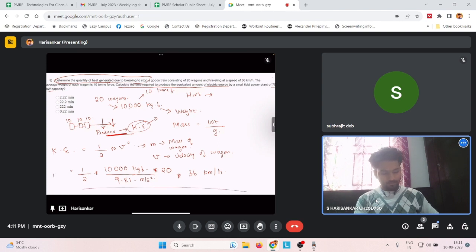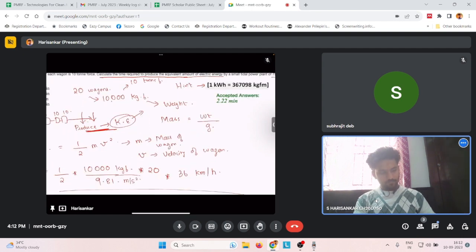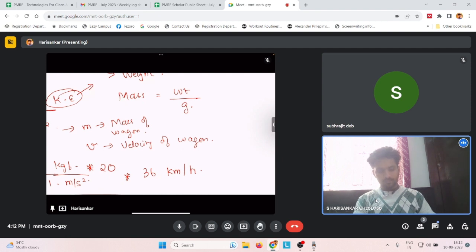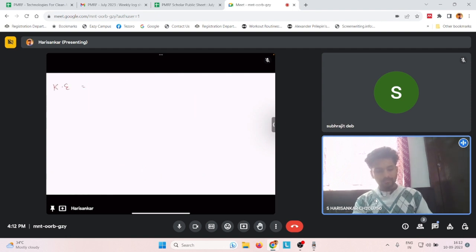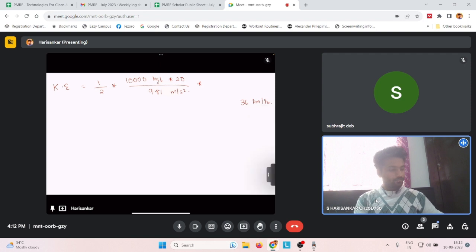Right. So we are basically finding the kinetic energy of the train or the goods. Kinetic energy will be half into 10,000 kilogram force into 20 divided by 9.81 meter per second square into, so we have 36 kilometer per hour, right?